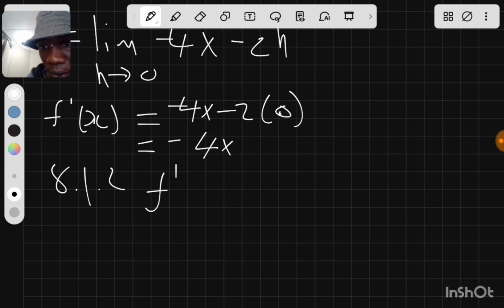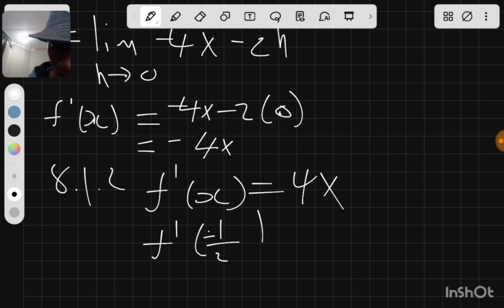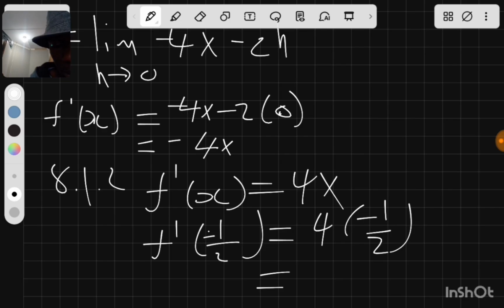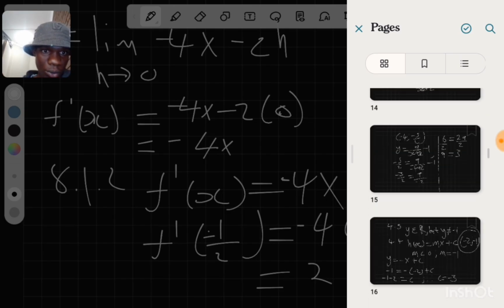So f prime of x is equal to 4x. f prime of minus 1 over 2 is equal to 4 into minus 1 over 2. Calculator, but it's negative 2, you can tell. Now it's positive since this one is minus. Why do I have to leave this minus? Okay, this one is going to be positive 2. Sorry, guys.